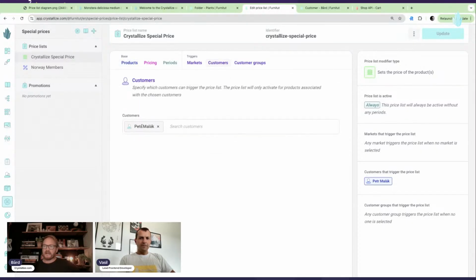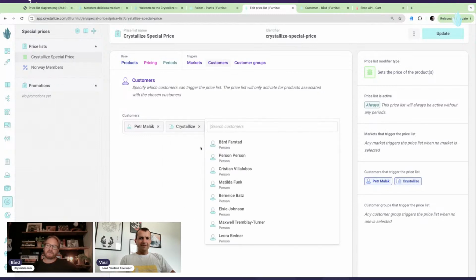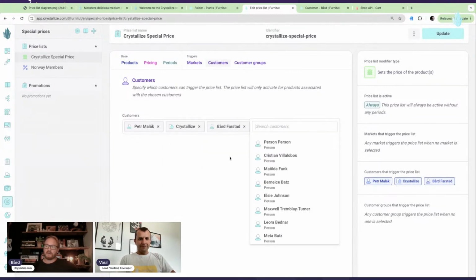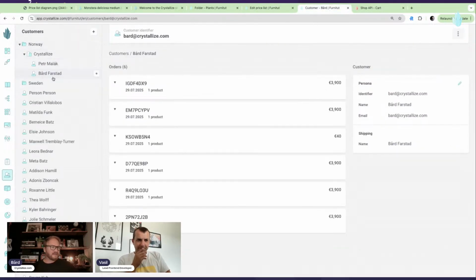And now it's assigned to only Peter. But I can also assign it directly to Crystallize as an organization, or I could select me as a person. But let's do the typical B2B. I just assign this price list for these 3 SKUs directly to Crystallize. And as we saw, I'm implicitly part of this because my customer is below the organization Crystallize in the Norway customer group.